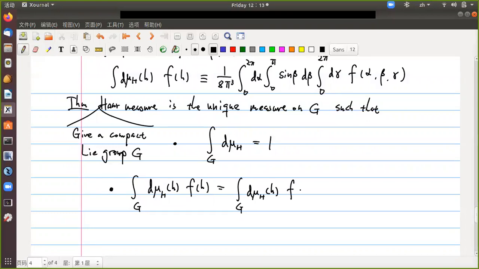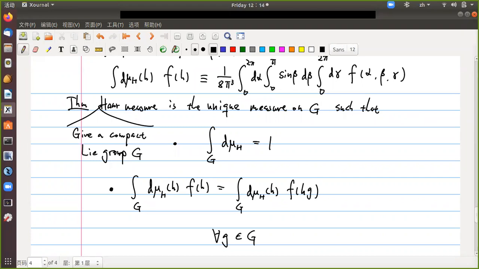You replace the variable of this function from h to h multiplied by an arbitrary group element g, for any g belonging to G, and the integral does not change. Integrating f using the Haar measure is the same as integrating f of h times g. This is usually called a right translation of the function.